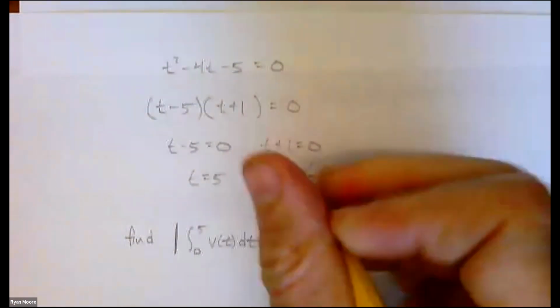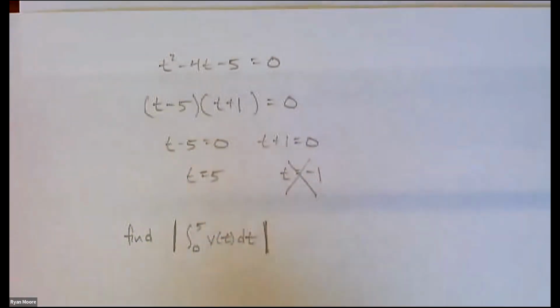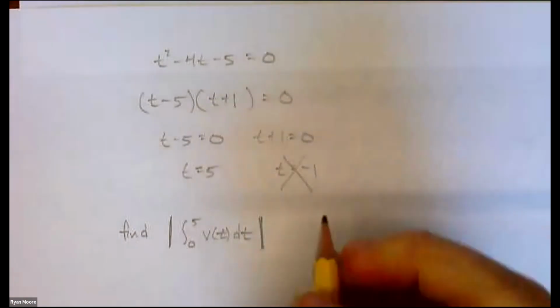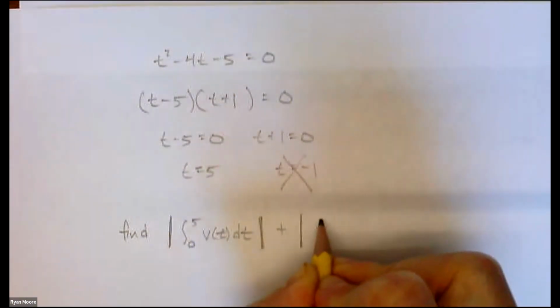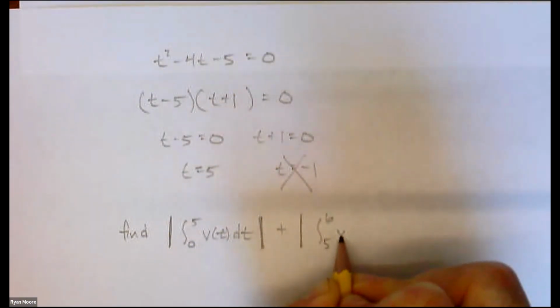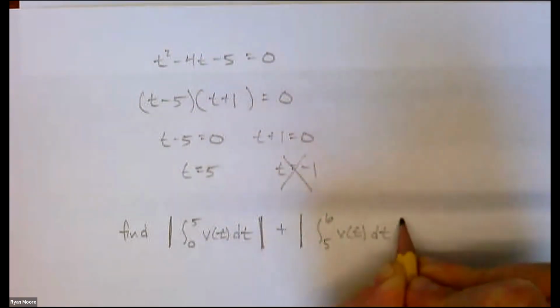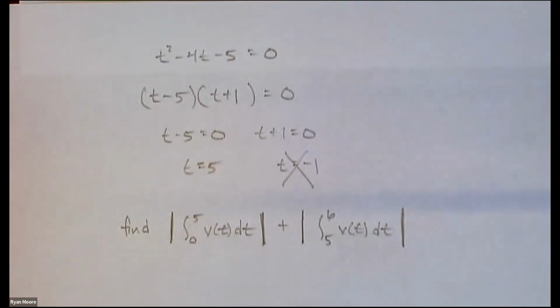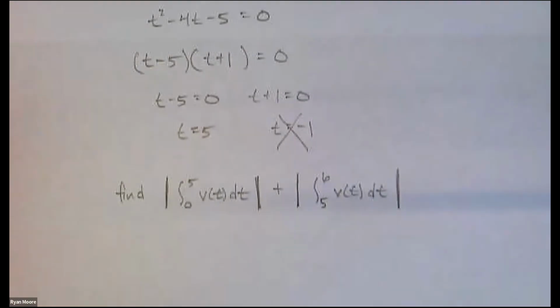Notice we need absolute values. For total distance, we're thinking just positive distance. So we're going to find the absolute value for the first 5 seconds, and add the absolute value for the last 1 second.